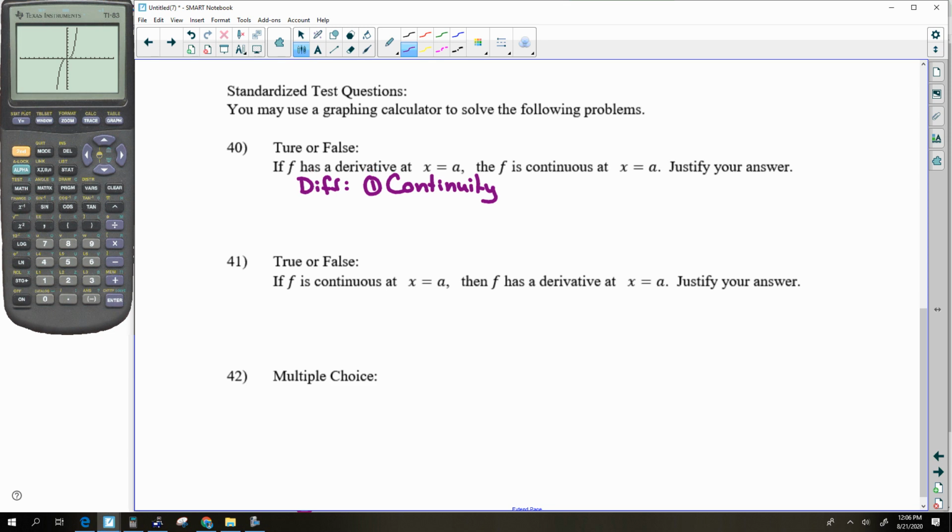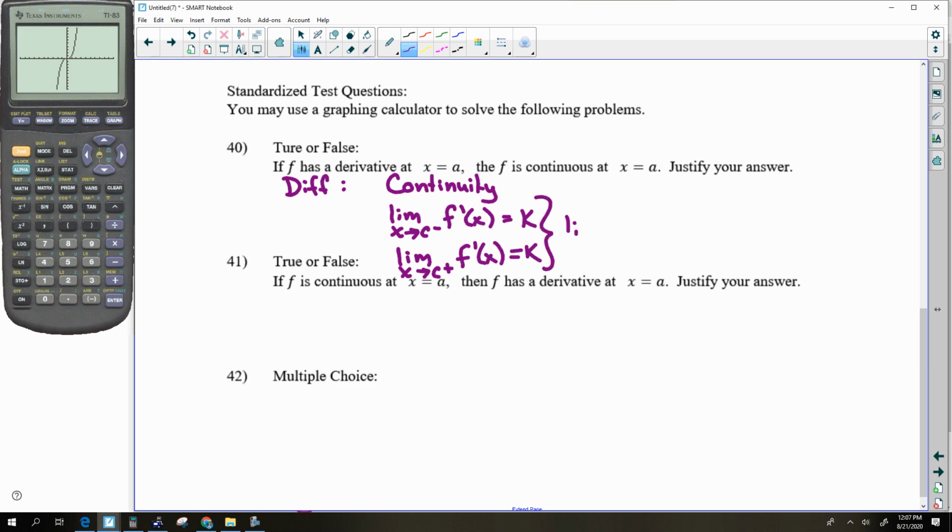And after that, it's the continuity test, but just of derivatives. So the limit as x goes to c from the left is equal to some number, and the limit as x goes from the right is equal to something.